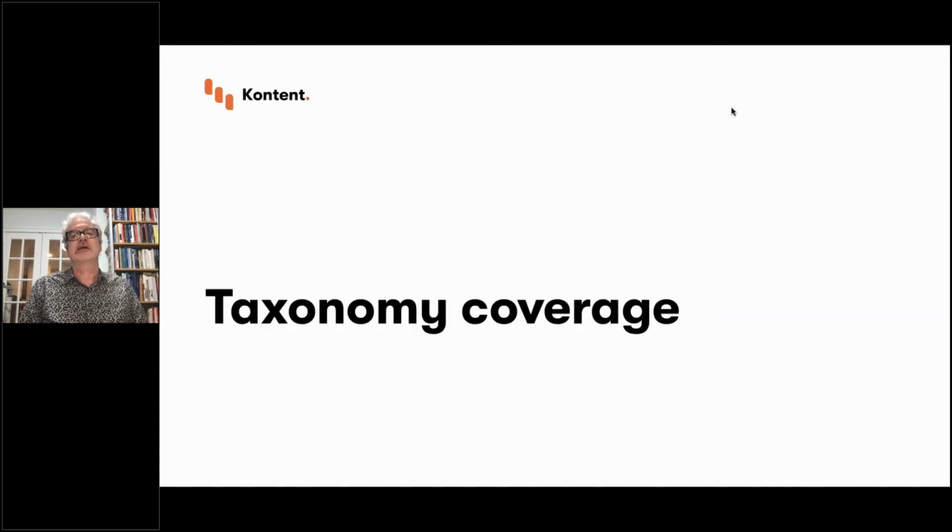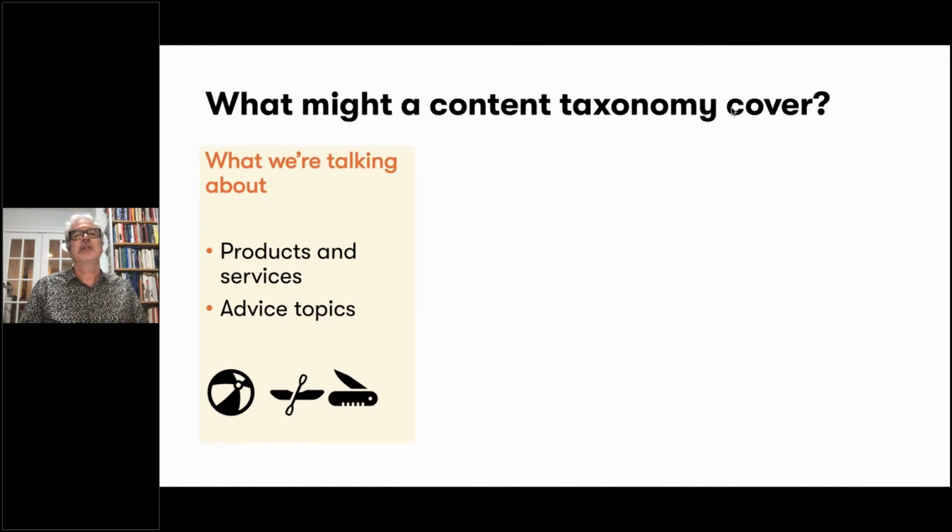So what does a taxonomy cover? And this is something that people have some ideas about, but they may not be thinking about all the possibilities. So let's look at this in detail. So the first thing that a taxonomy will commonly cover is what you're talking about in the content.